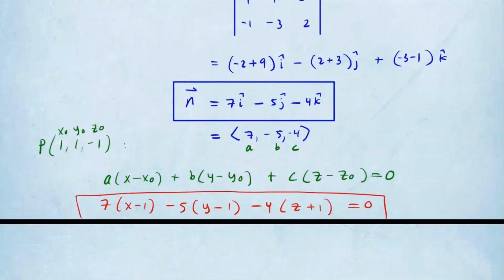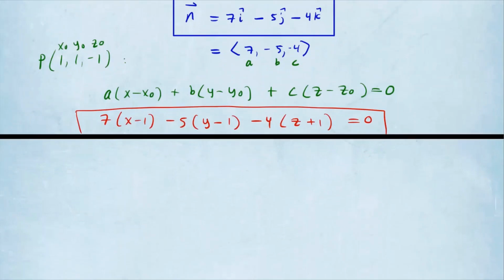Now, if you want to redistribute, you can also do that. So this is 7x minus 7 minus 5y plus 5 minus 4z minus 4 equals 0. Then move the constant terms to the right-hand side.